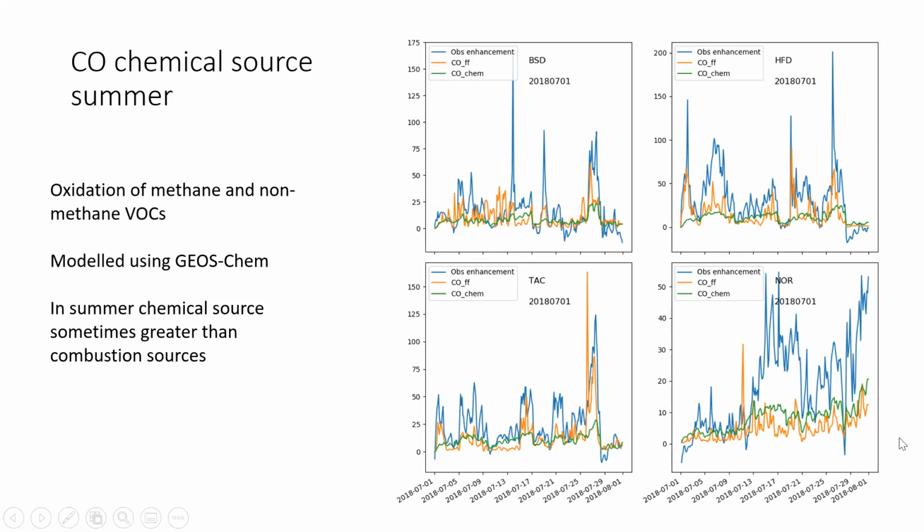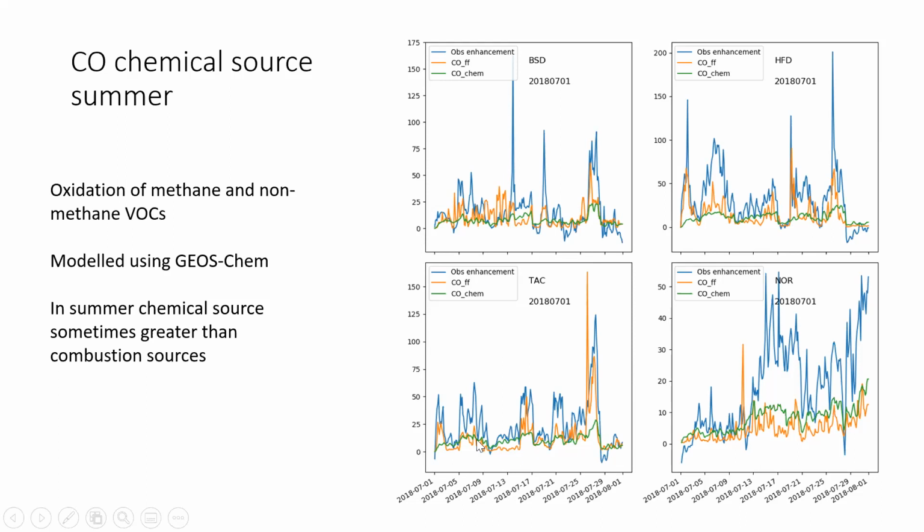It tends to be a bit more pronounced over Europe than it is in the UK. The green lines show the effect of the chemical source on the enhancement, and the orange line is the estimated anthropogenic component. The blue is the observed enhancement, where we've had to calculate this by subtracting some estimated background level, which might not be very accurate, hence why it goes below 0 at times.